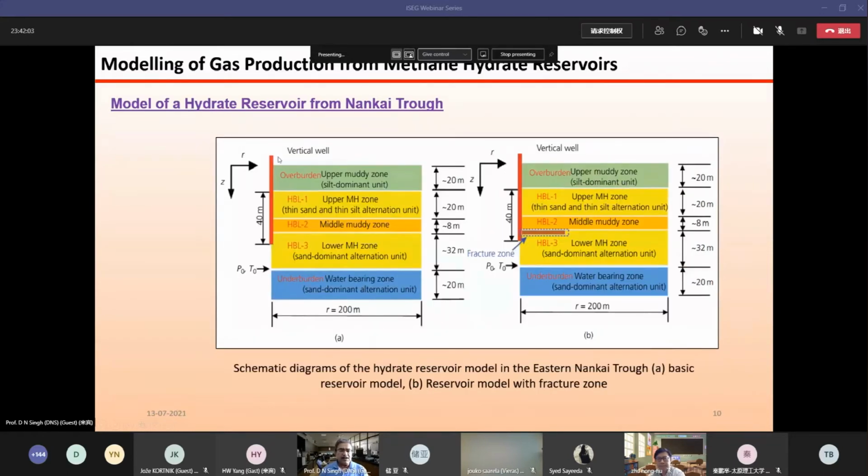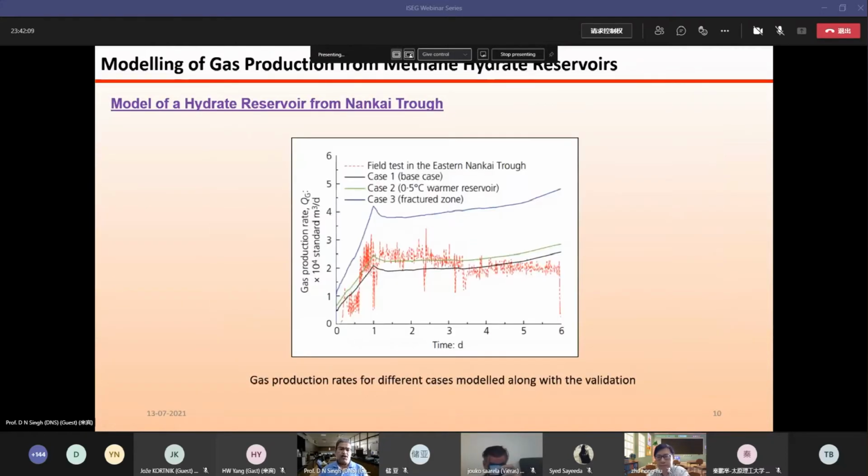Now, this is how the well bore is being drilled and the heating is being done to liberate the gas. These are the typical results which we were able to obtain so far. We have tried to model the gas production as a function of time. And this is what commercial agencies and companies are interested in. They want to see how much gas can be liberated at the end of the day.